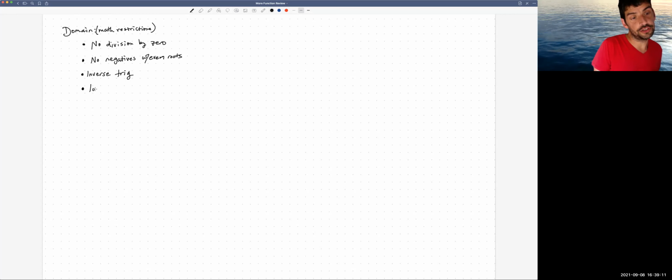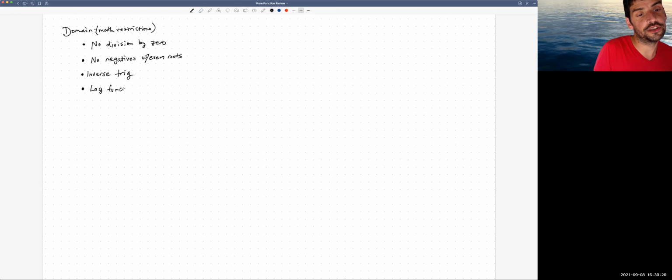Log functions. Let's just say log functions need inputs greater than 0, right?